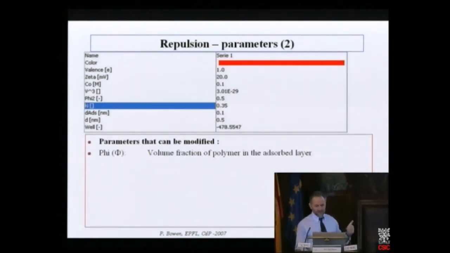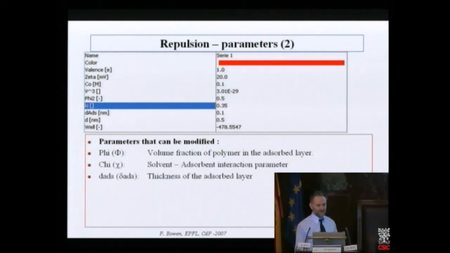We have the volume fraction of polymer in the adsorbed layer. Like I said, these type of things, we generally leave fixed. You can vary them through the size of parameters that are generally accepted in the polymer literature, but they don't make a huge difference. So the best thing is to leave phi, chi, alone. So this is the adsorbed layer thickness of our polymer layer.